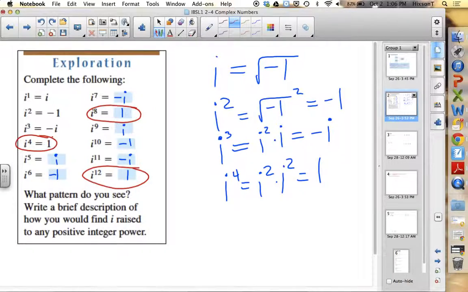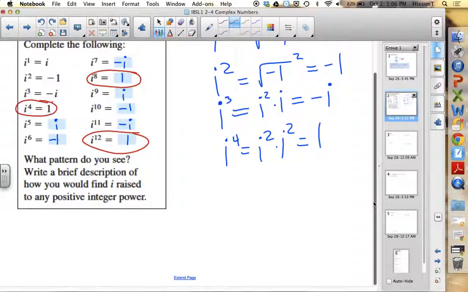Now, can anyone tell me how would we figure out what I to the 53rd power would be? Divide by 4. Divide what by 4? 53. Okay, good.